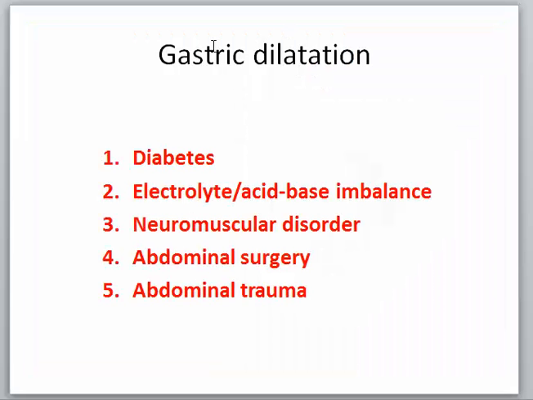Sometimes we find the stomach is markedly dilated, and a markedly dilated stomach is a manifestation of electrolyte imbalance, neuromuscular incoordination, after surgery, after trauma, or in diabetics. So gastric dilatation could be post-operative, post-traumatic, old age, and diabetic, because electrolyte imbalance is usually due to any of these other three.